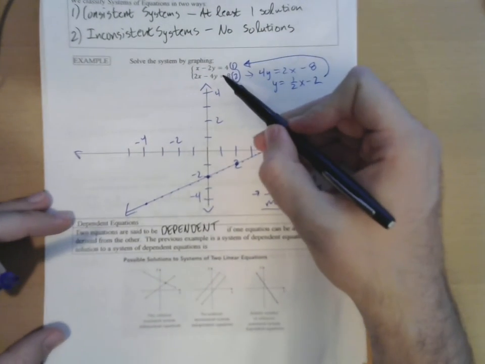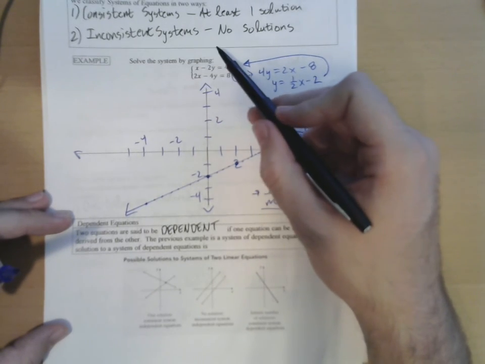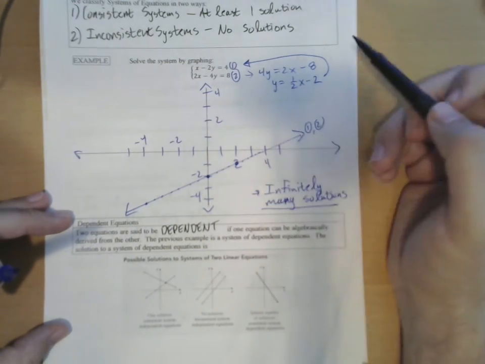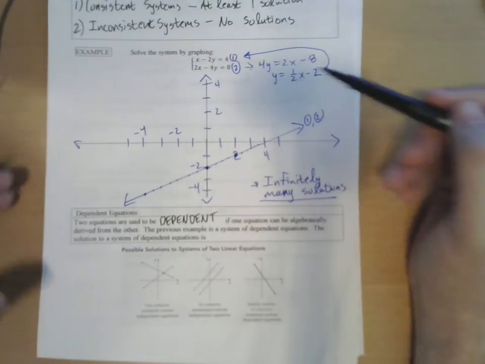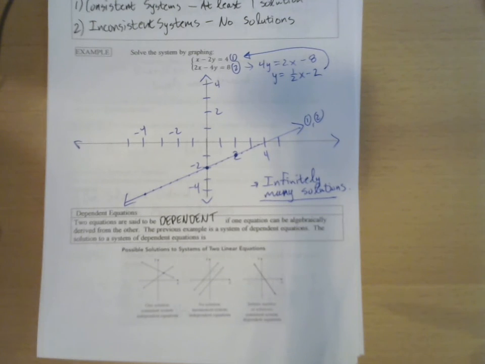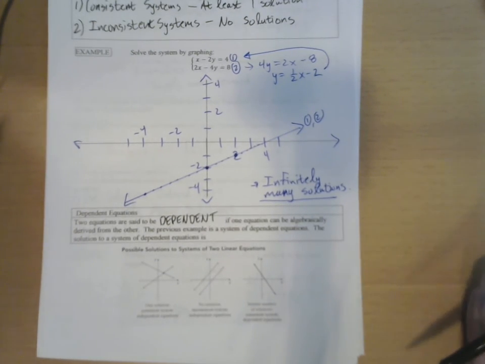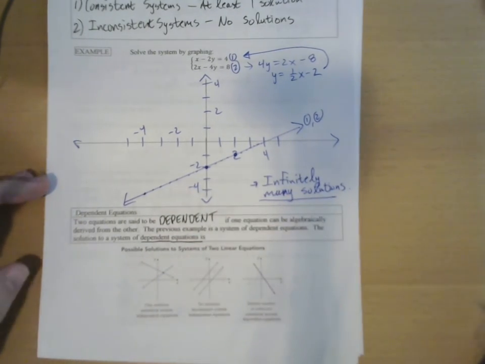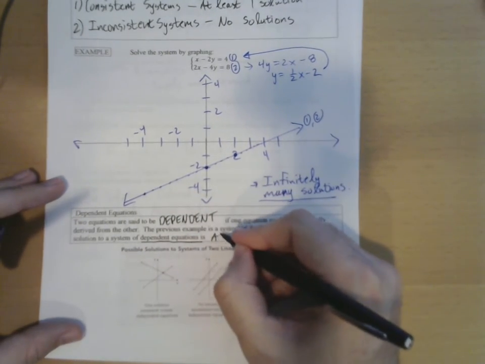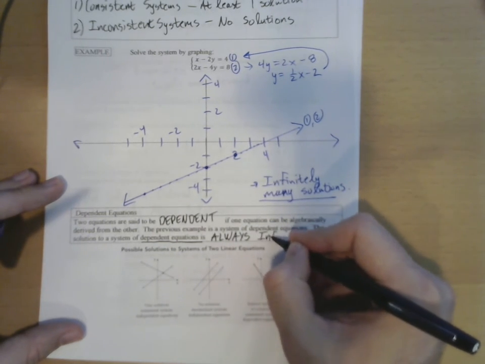So if I multiply equation 1 by 2, 2x, negative 4y, and 8, I've algebraically manipulated it, and I have it equal to the second equation here. As we said, the previous example is a system of dependent equations. The solution of dependent equations is always infinitely many.